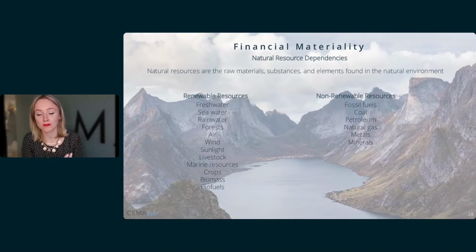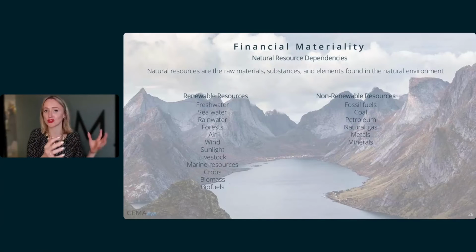It could, of course, be more than these, but renewable resources would typically be fresh water, seawater, rainwater, forests, crops, biomass, all of these things that your organization is actually reliant on being able to produce or source, for example. Those would be a typical renewable resource dependency. And then, of course, we have the non-renewable sources, typically fossil fuels, coal, petroleum, natural gas, metals, minerals, etc. These are just some examples.